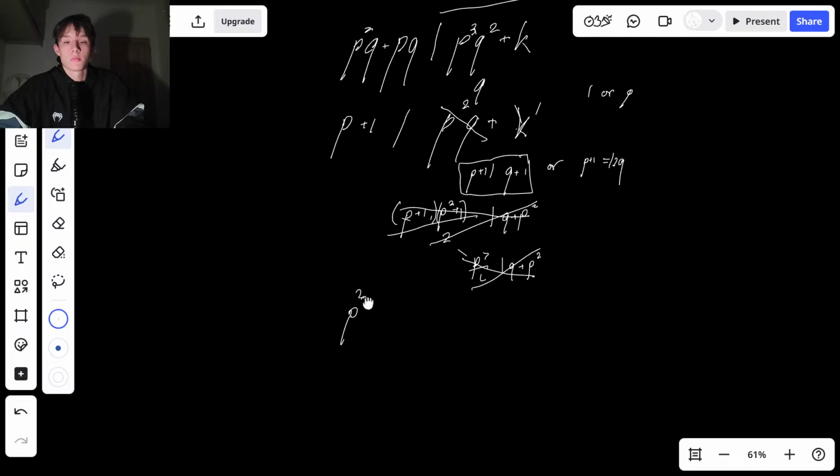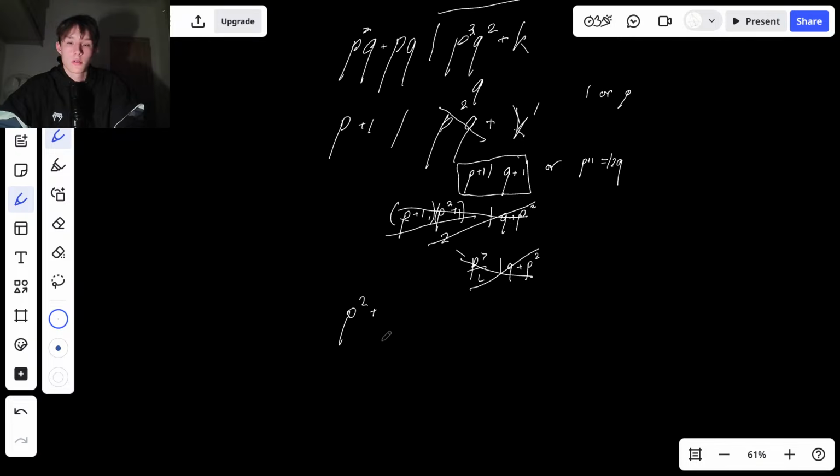So I know that p squared q divides p to the power of 4 q plus k. K must be divisible by p squared. So it's either p squared q or p squared. So p squared here.